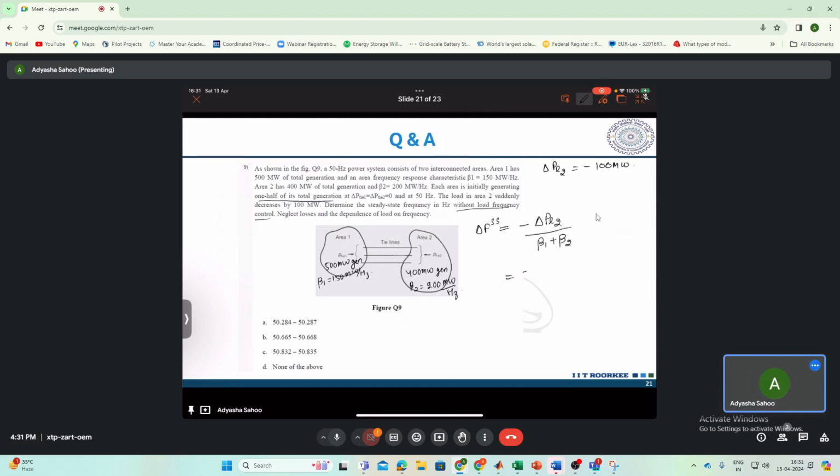So that is minus 100 megawatt, and beta 1 is 150 plus 200.